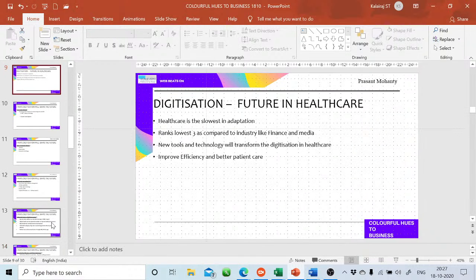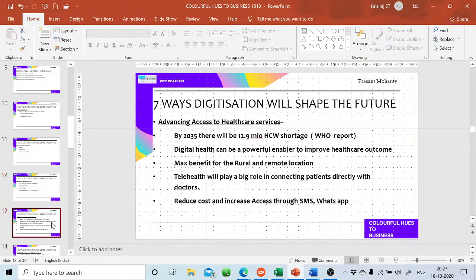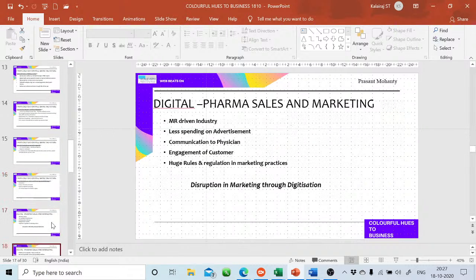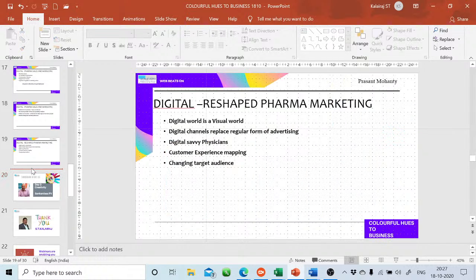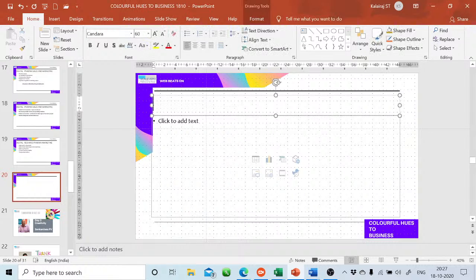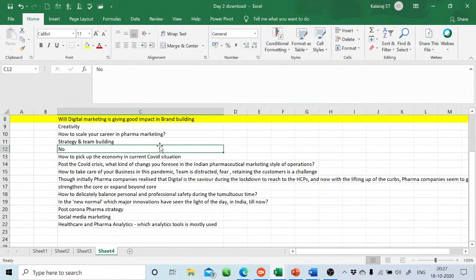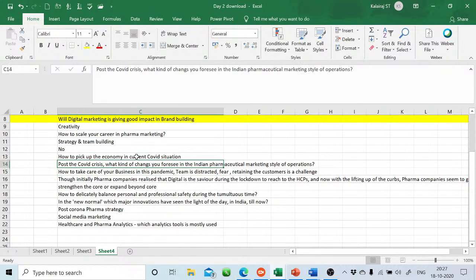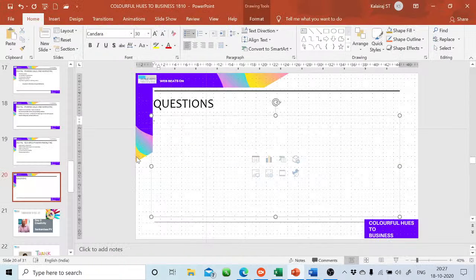When I say disruption, I really mean there is huge scope to disrupt, and perhaps these 6 months must have been a test for many large organizations to see what the gap was, if the company had not adopted or did not have a digital strategy, and how it impacted their business, right from supply chain to marketing to reaching out to doctors or any communication. So every field got impacted.